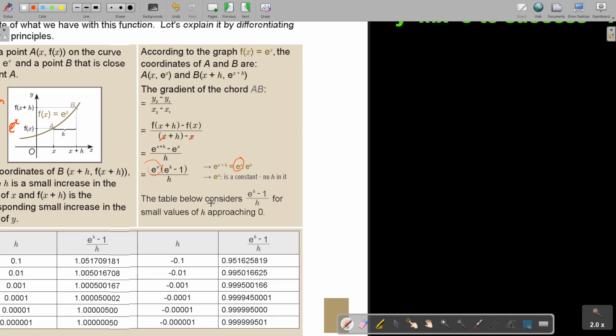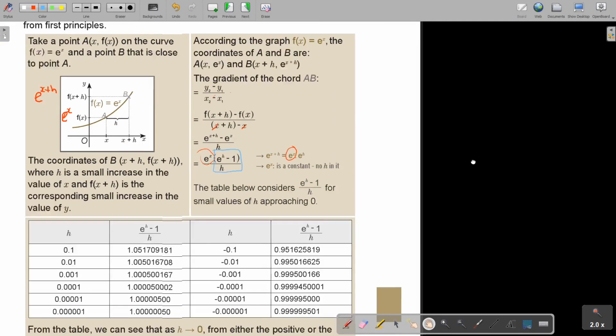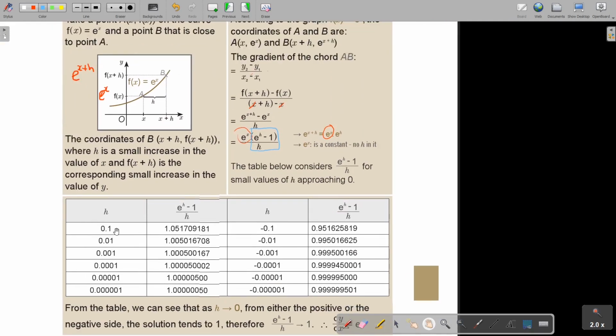The table below consists, say for example, I'm taking these values. I want to show you. I'm approaching 0 with these values. So let's take 0.1 and then we make it smaller. We're really trying to go to 0 from the positive side and we're going to try to go to 0 from the negative side.